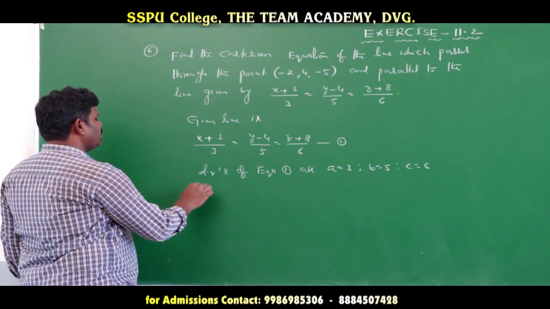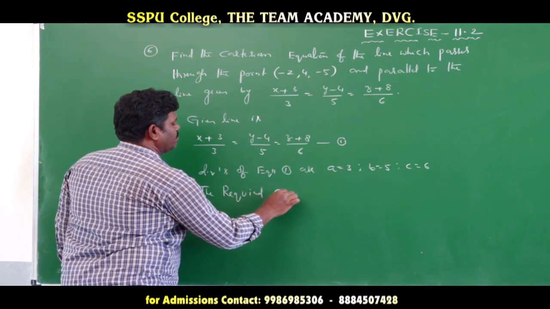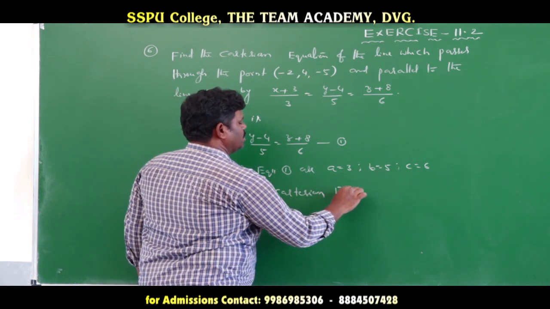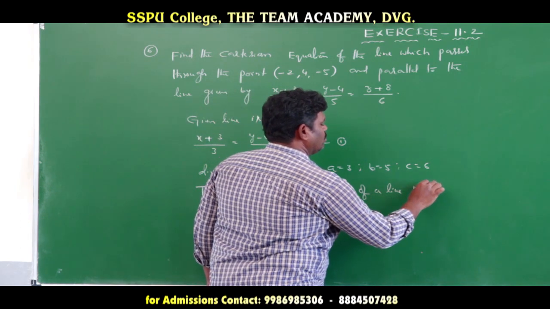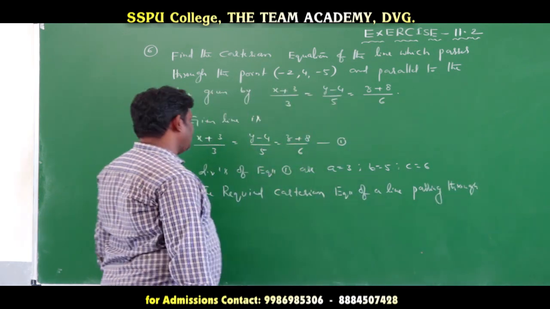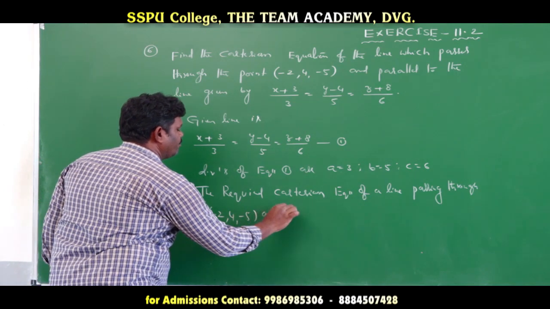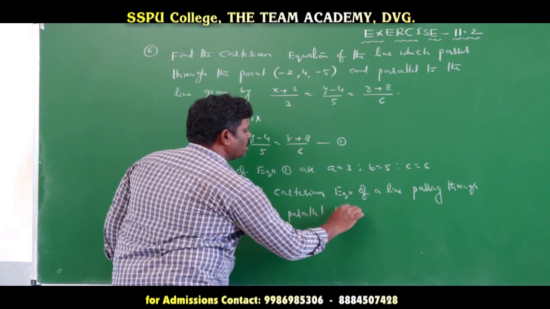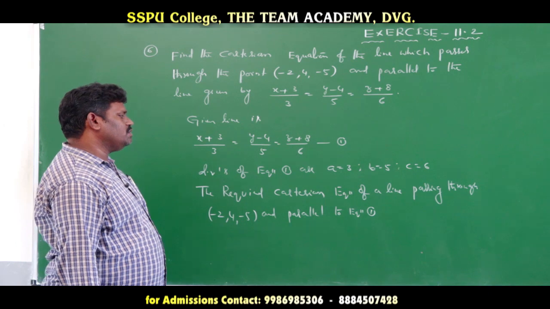So the required Cartesian equation of a line passes through the point (minus 2, 4, minus 5) and is parallel to equation 1.